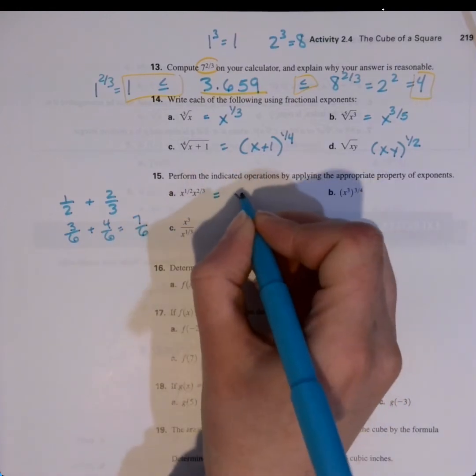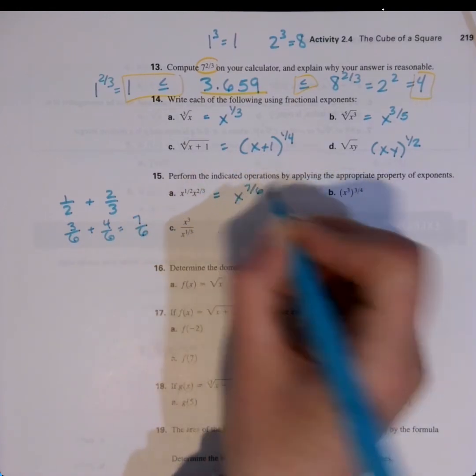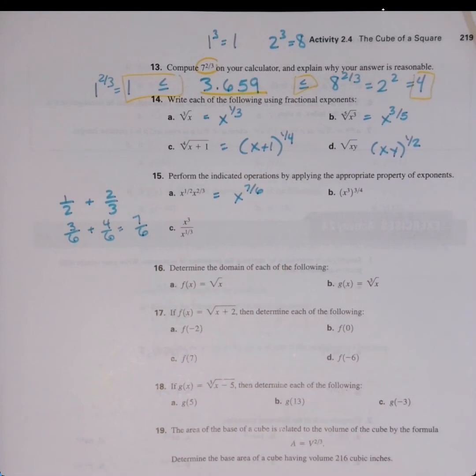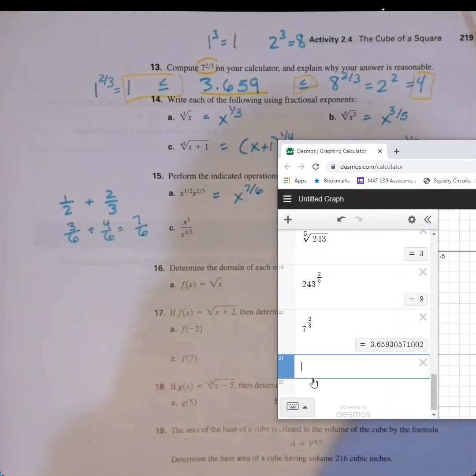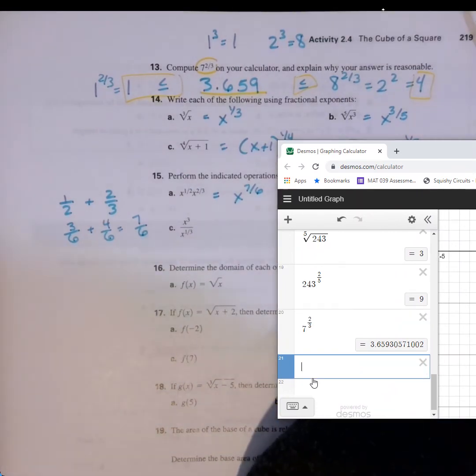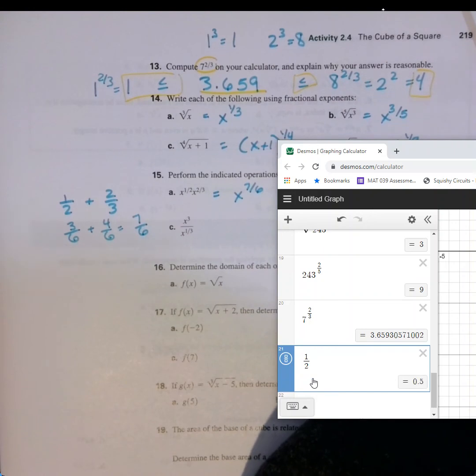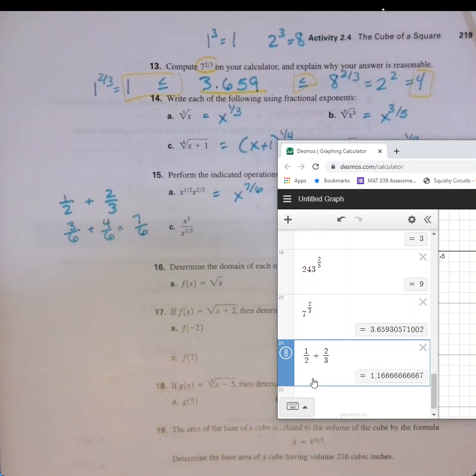So this is going to be x to the 7/6. You don't have to do your fraction work by hand, but we do need to add those fractions. I do need to know that those fractions are added. I can't type this one in, but I can type in that I need to take 1/2 plus 2/3, and that I will get the fraction 7/6.